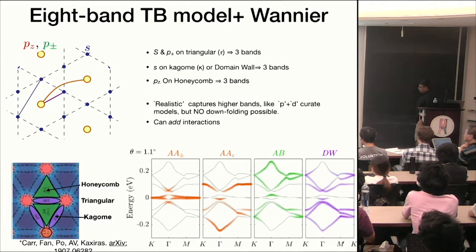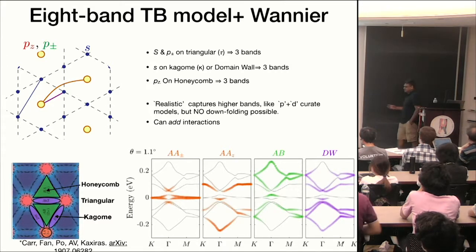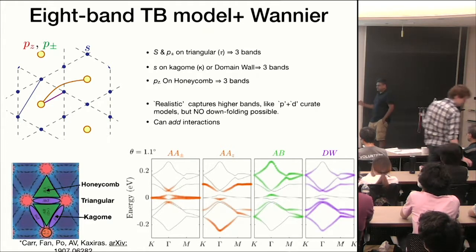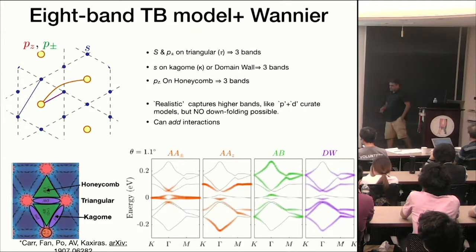On the phenomenological side, we really don't understand this system. The way in which we understand even the cuprates, we don't have the similar kind of understanding of these insulators and superconductors in magic angle graphene. In cuprates, we are pretty sure it's a d-wave superconductor. We don't have the analogous answer for the superconductivity in magic angle graphene.